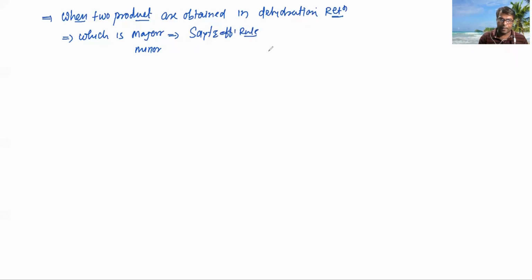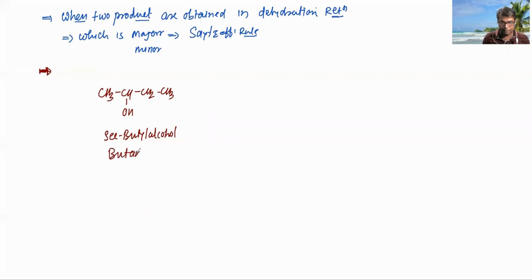Okay. Now, by using the Saytzeff rule, one example we have taken to explain it: secondary butyl alcohol. When we dehydrate secondary butyl alcohol, it is also called butan-2-ol.